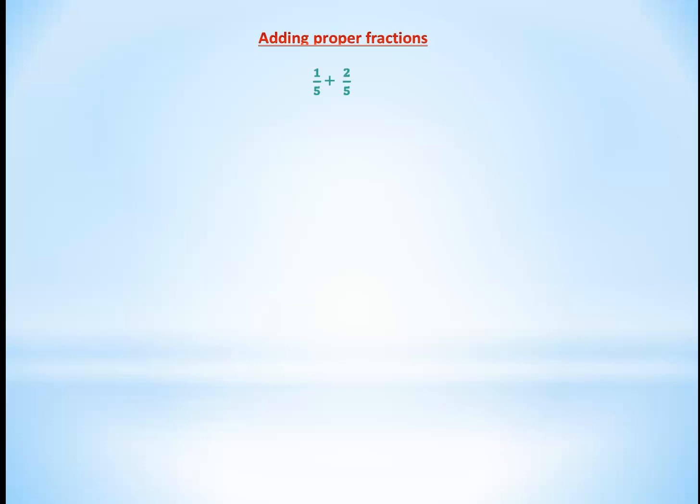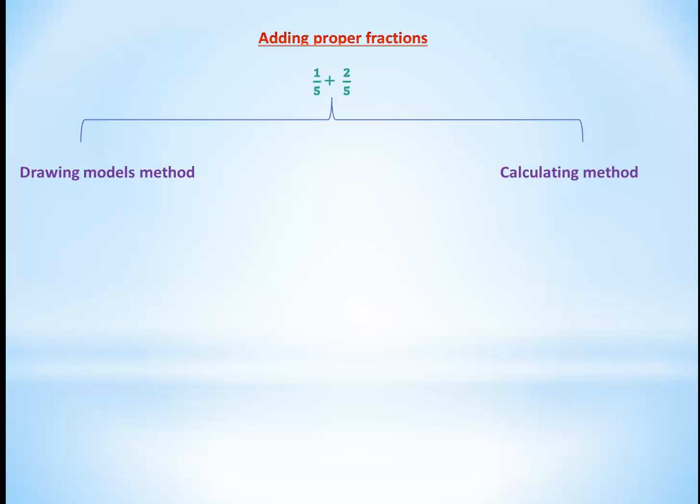If we have 1/5 plus 2/5, okay, let's add. Number 1, drawing model method. Number 2, calculating method. Let's see how to draw. Okay, let's draw a part and divide it into 5 parts.